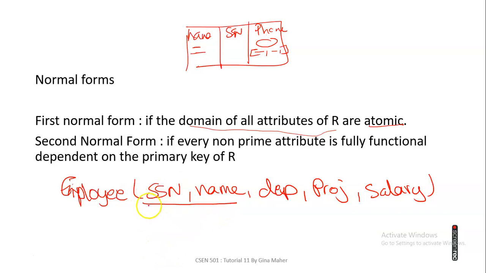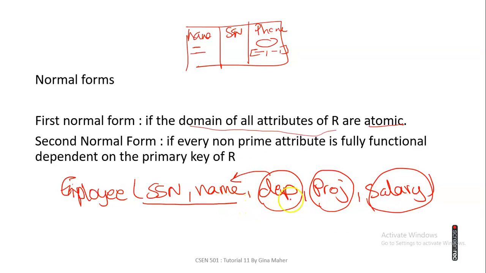This relation is in the second normal form if every non-prime attribute, which is an attribute that is not part of a candidate key, is fully functionally dependent on the primary key, which means that no attribute is dependent on a subset of this key.